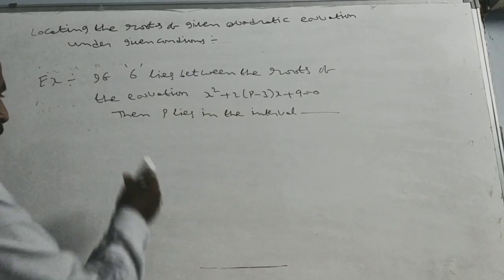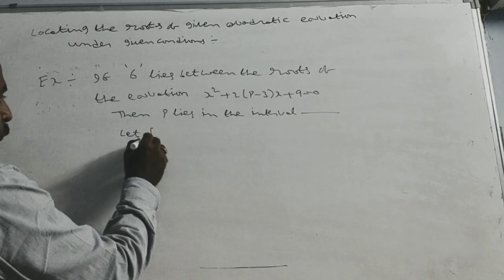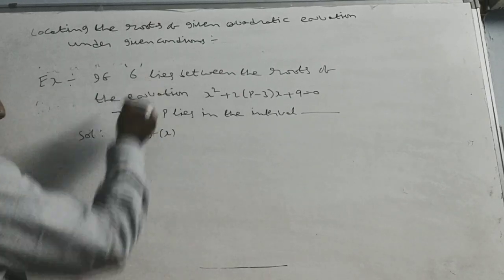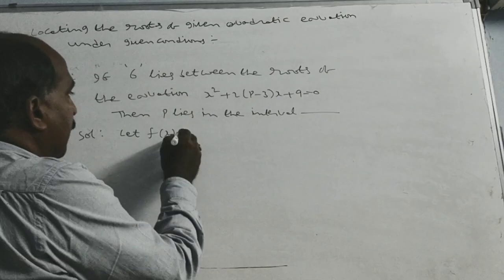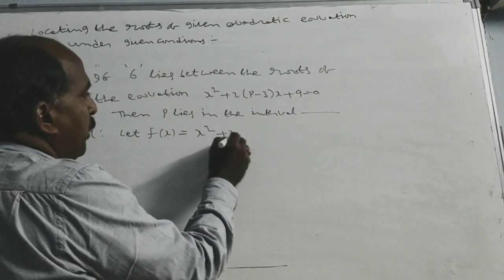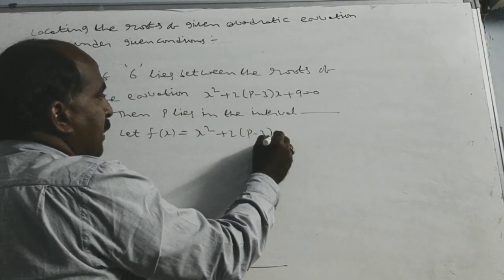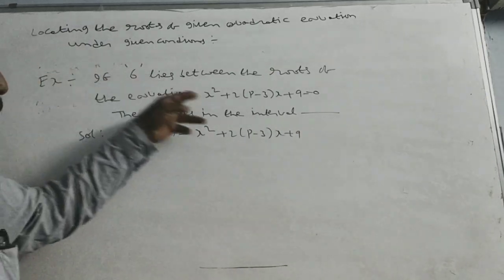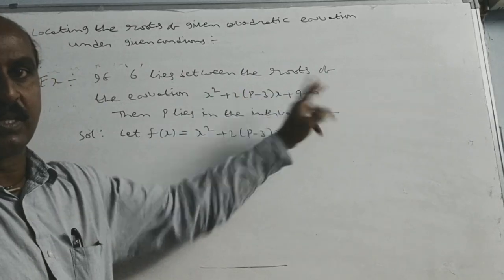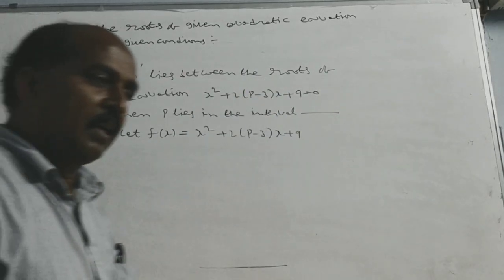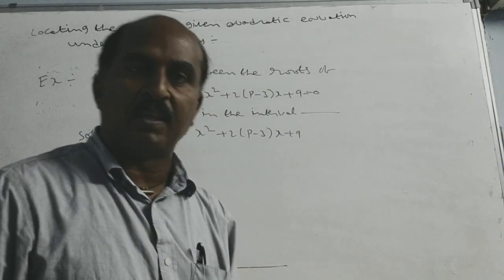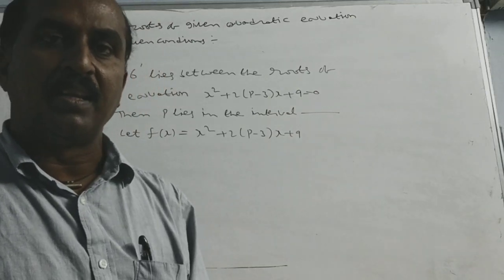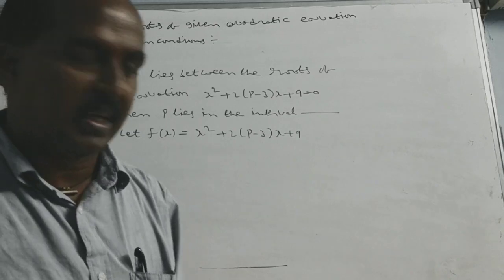Solution for this one: let f of x equal to x square plus 2 into p minus 3 into x plus 9. Given that 6 lies between the roots of this quadratic equation, we know that if k lies between the roots of the quadratic equation ax square plus bx plus c equal to 0, then a into f of k is negative.